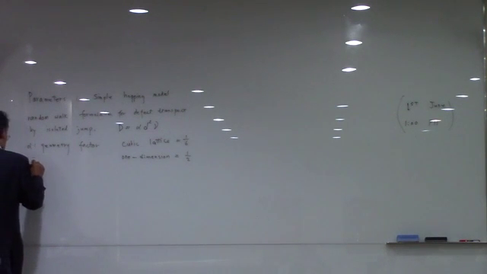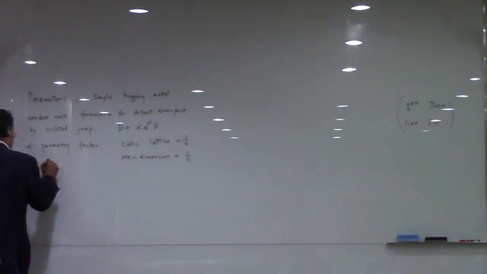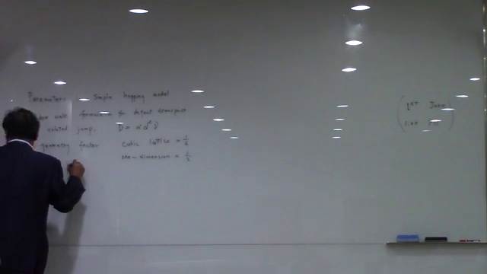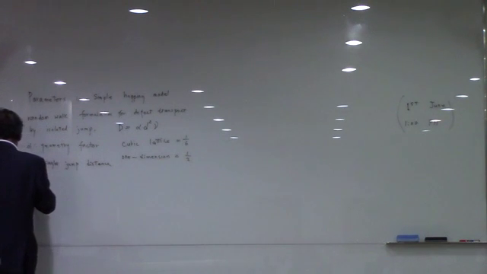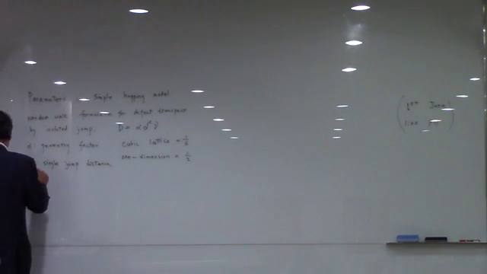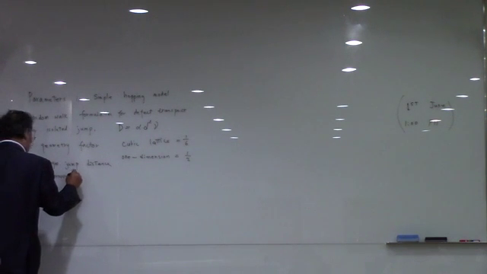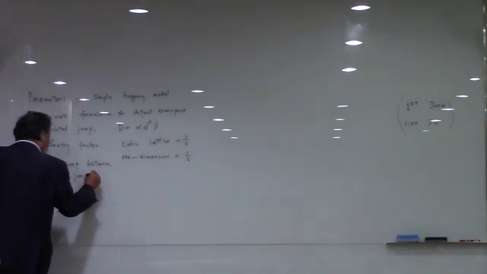And d is the single jump distance, and nu is the average jump frequency.